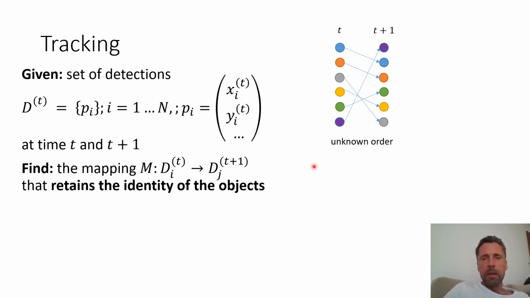Now, since the detection algorithm, the one that we discussed before based on color or image brightness difference to the background, doesn't know about identity, it just gives you this list of detections in an unknown order.